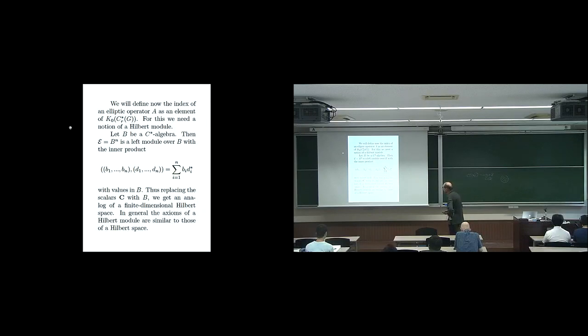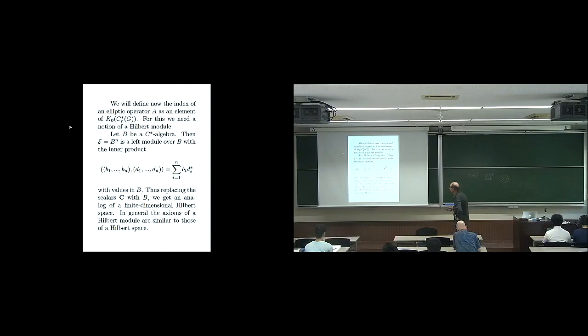This can be generalized in the sense that there are axioms for such objects which are called Hilbert modules. This is the simplest example of a Hilbert module, just a finite dimensional thing. You can define also an infinite dimensional Hilbert space, then you need to take infinite sums like this.